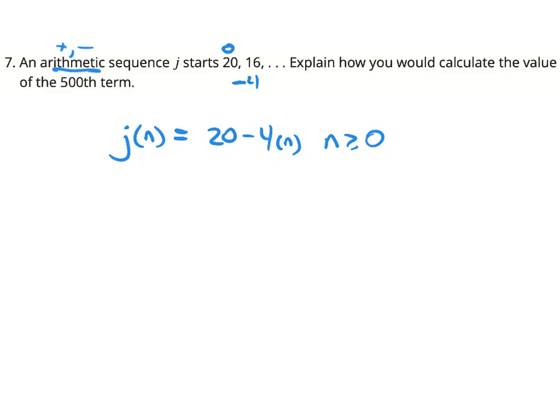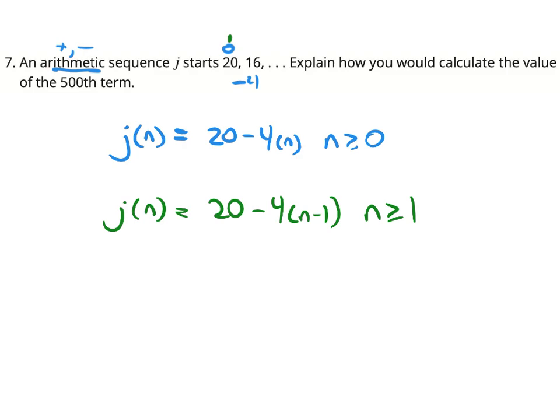If I wanted to start J at 1, if I want to call this term 1, which I'm going to color green, J of n would be 20 minus 4 times n minus 1, previous term, for n greater than or equal to 1. Okay? So whichever one you want to use, I like the blue one better.